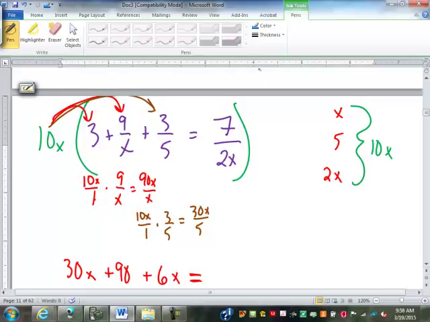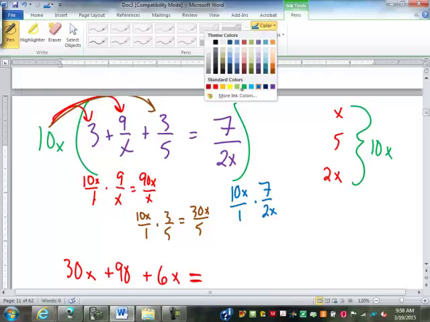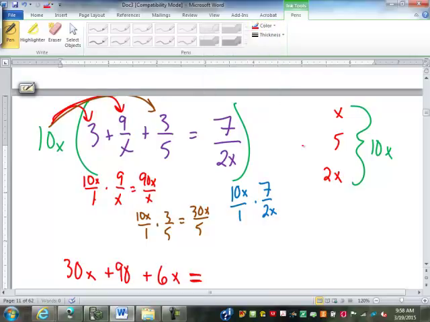Next we have 10x over 1 times 7 over 2x. Multiplying that out, 10x times 7 is 70x. 1 times 2x is 2x. The x's divide out. 70 divided by 2 is 35.